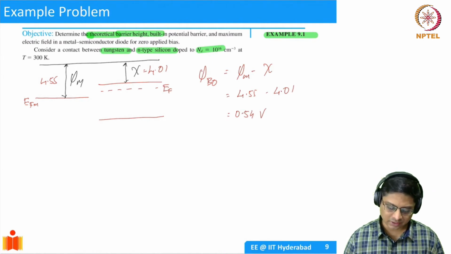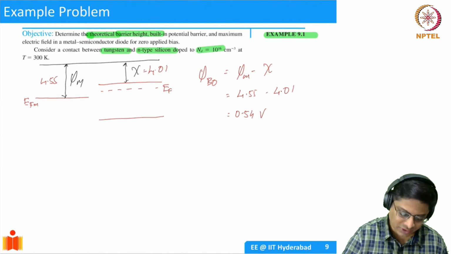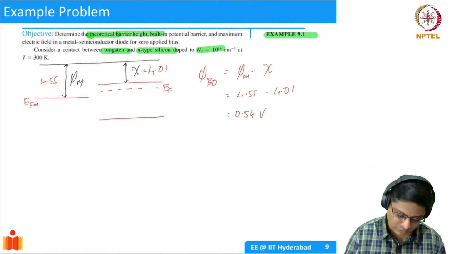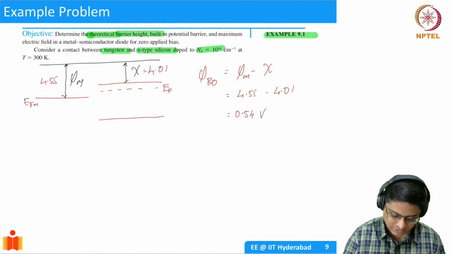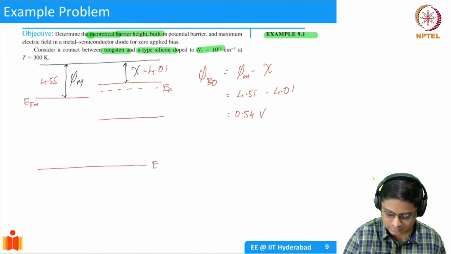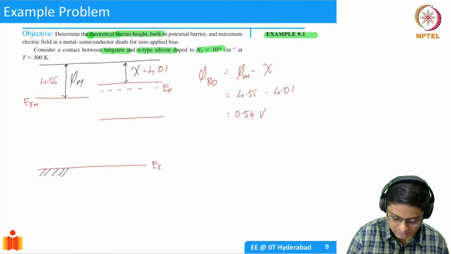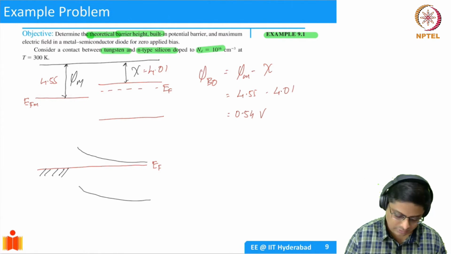Okay, all right. What is the built-in potential? So built-in potential is when it's an N-type semiconductor. Let's say there is a barrier here. So what would happen is there's an EF, right? And then there's going to be, this is your metal, and then there's going to be band bending here, right?